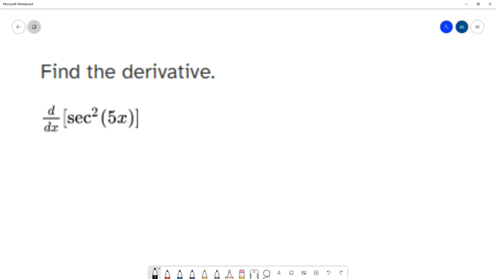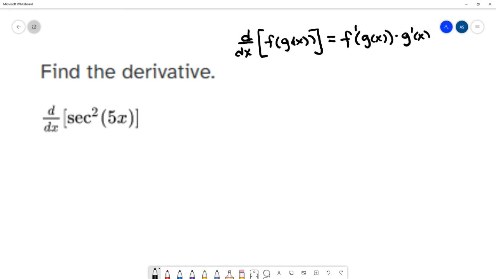So let's write down a few of the rules that we're going to use. I'm going to have to use the chain rule, which is when I have one function inside of another function. With the chain rule, the pattern that we follow is to calculate the derivative of the outside function, leave the inside function alone, and chain by multiplying by the derivative of the inside.